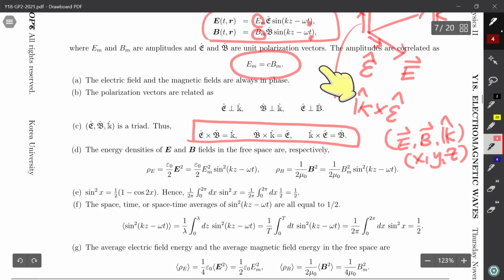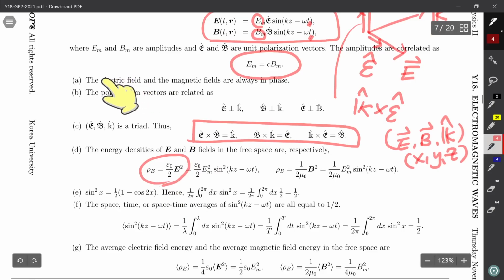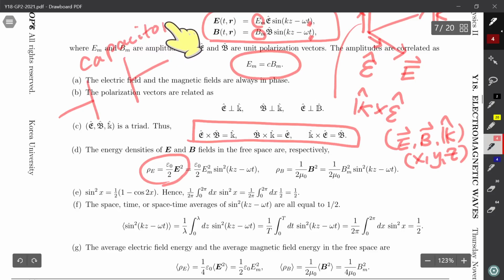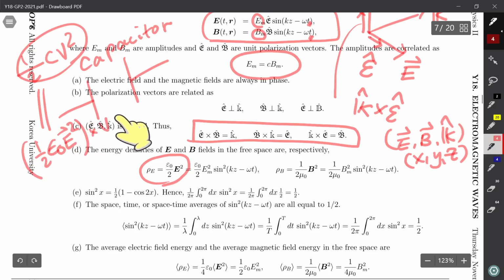We consider electrostatic field energy, just like the energy saved in a capacitor. So this amount of electrostatic energy is energy density multiplied by volume.